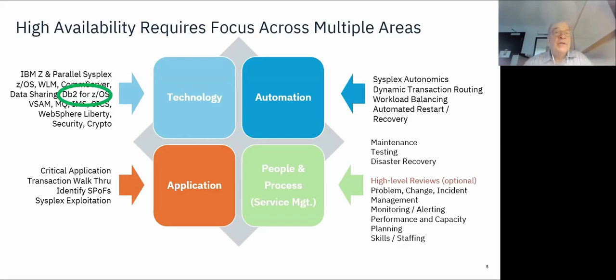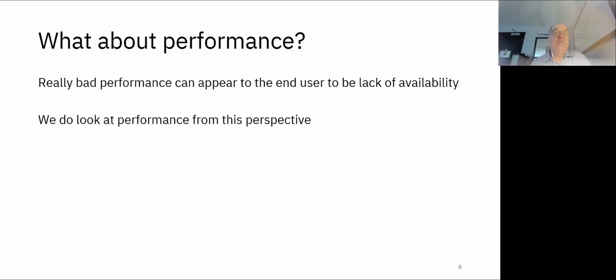Are they taking advantage of the opportunities that DB2 gives them for availability? And then we, of course, talk about maintenance, testing and disaster recovery. We spend a little less time on the people and process than some other parts of IBM, like the High Availability Center of Competency, but we do touch on those. So we're primarily about availability.